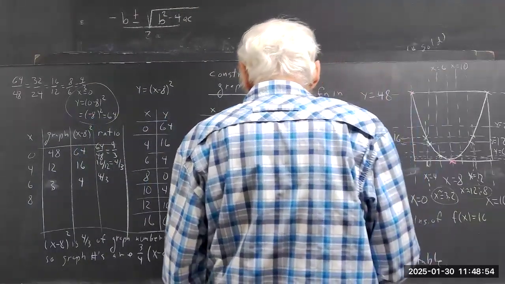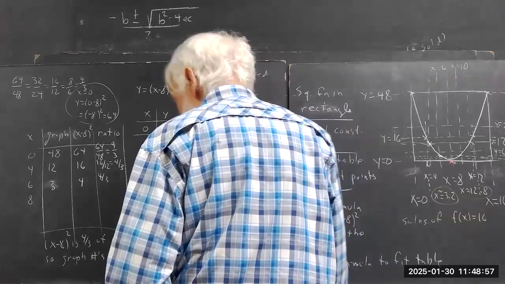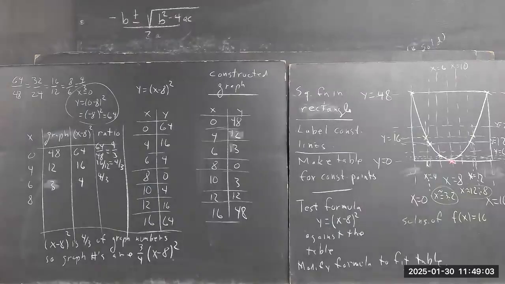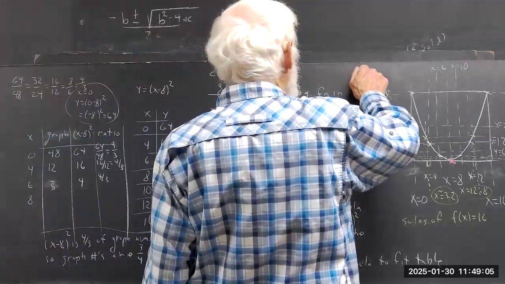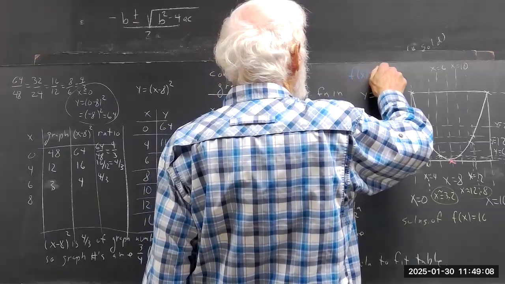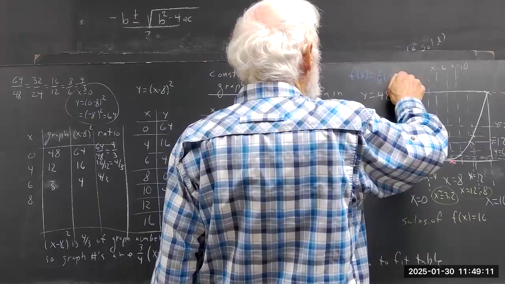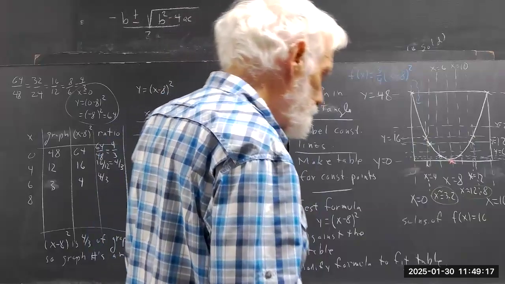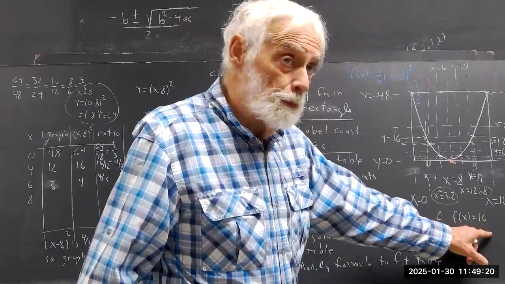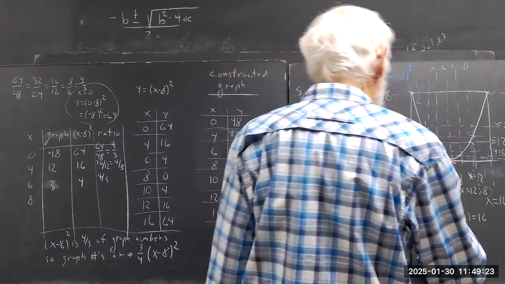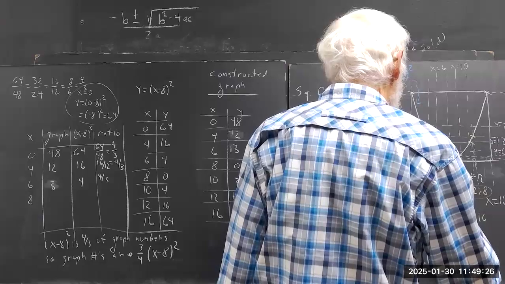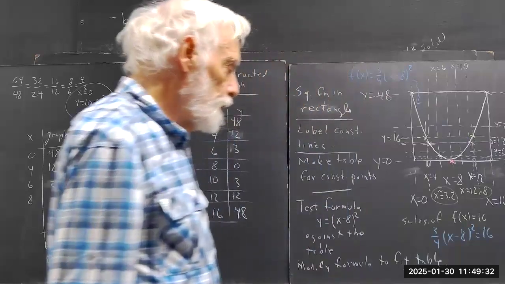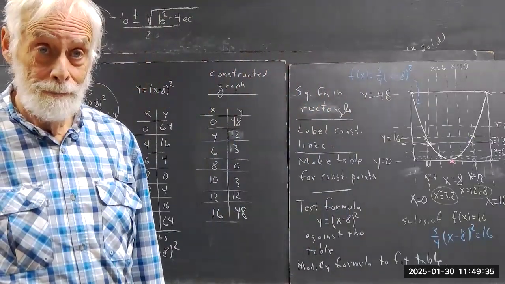So here we've figured out that f of x is 3/4 of x minus 8 squared. So this equation f of x equals 16 becomes the equation 3/4 of x minus 8 squared equals 16. Do we understand that?